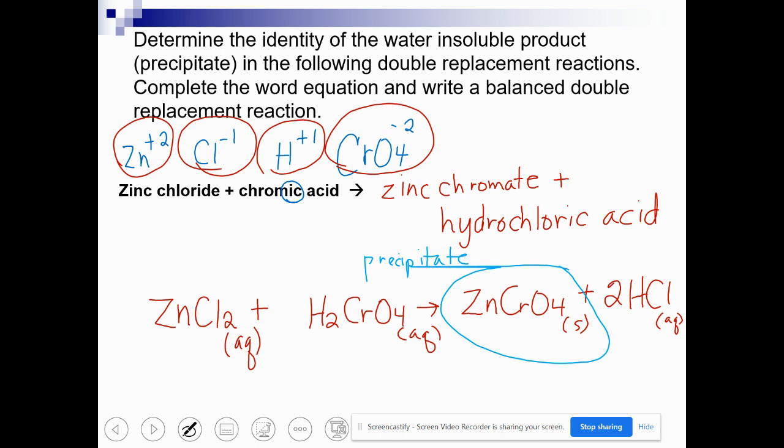If you put 2 solutions together that have ions freely moving about water, and all 4 of the ions are just freely moving around because none of them have precipitated to form a solid, then all you've done is create a mixture of 2 solutions. And a mixture is not a chemical reaction. So you have to get a precipitate for it to actually be a double replacement reaction.